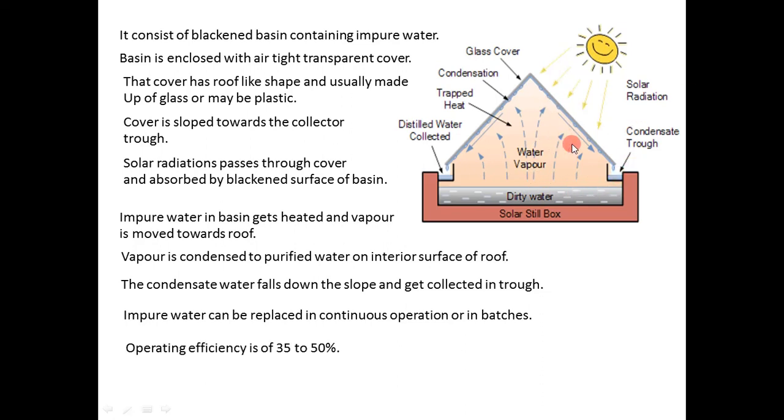The operating efficiency of this solar still is generally 35 to 50%. Performance of a solar still is expressed in quantity of water produced per square meter of basin area per day. That means how many liters of water we get per square meter of basin area per day.